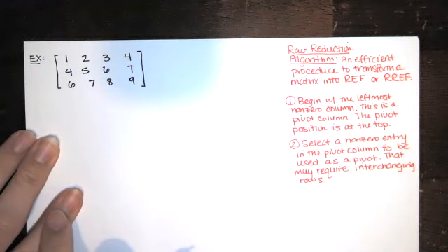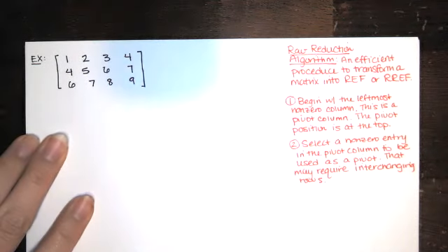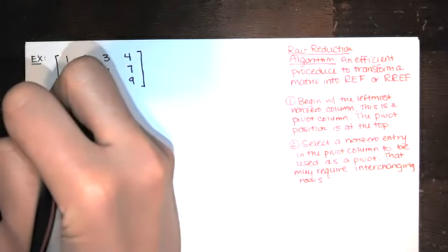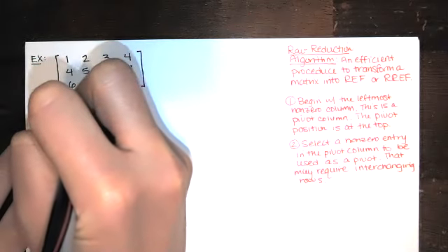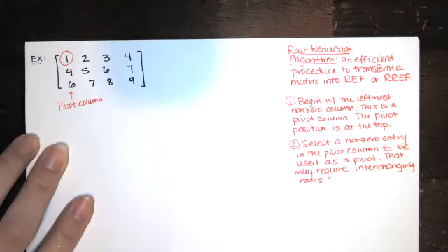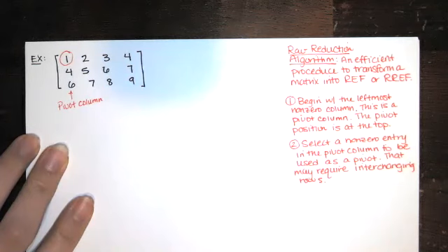The leftmost non-zero column is this one. And so we're identifying that. This is a pivot column. And the top spot in that pivot column is a pivot position.